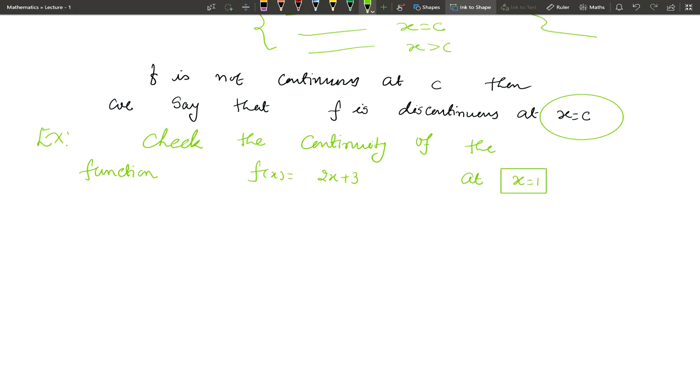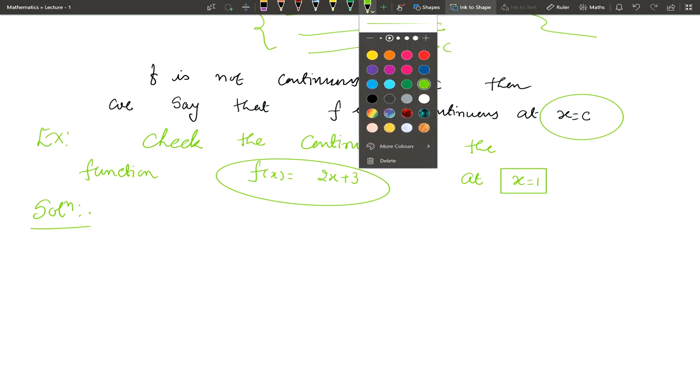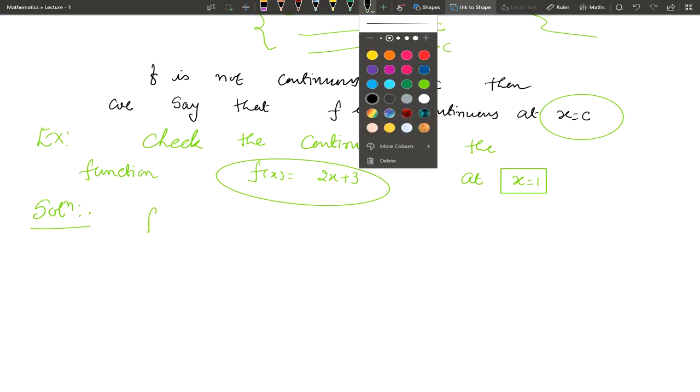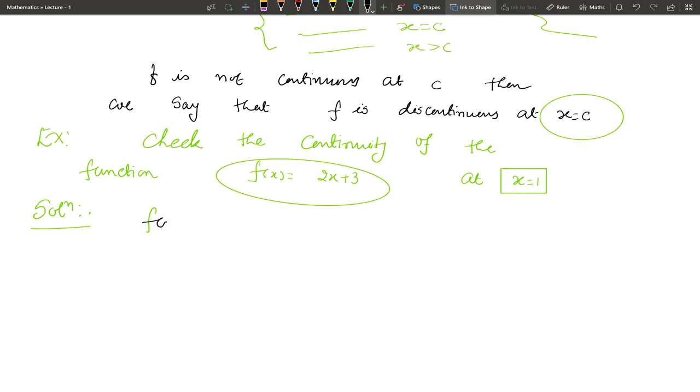So function is given f of x equal to 2x plus 3. We have to check continuity at x equal to 1. So you check the solution. Here f of x equal to 2x plus 3. We have to check continuity at x equal to 1.